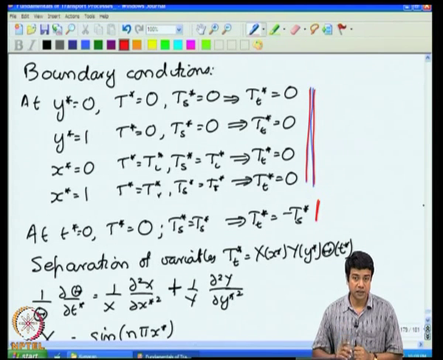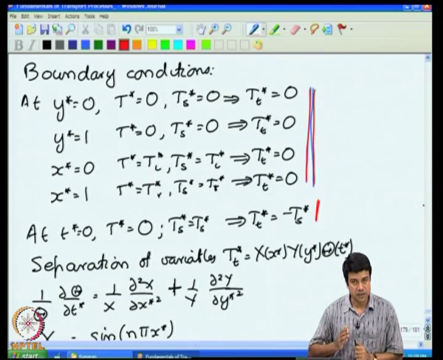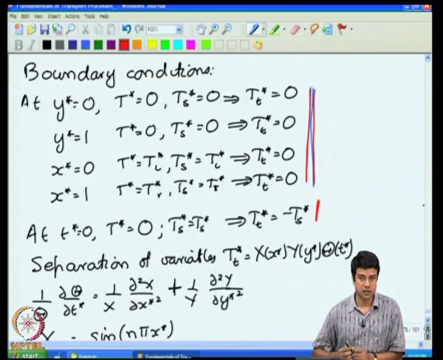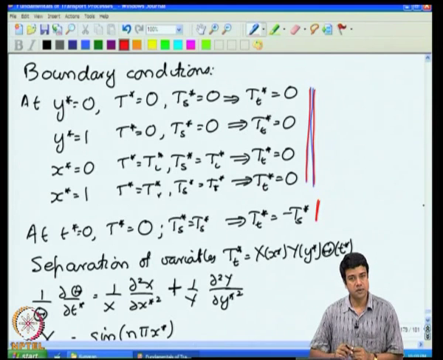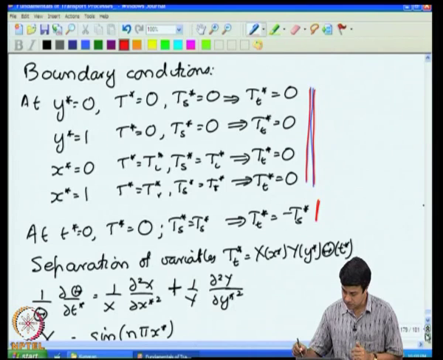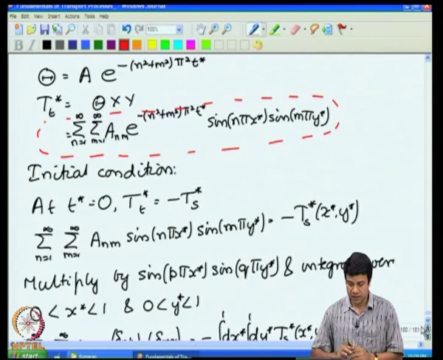The inhomogeneity is in the initial condition, because the steady problem has no time dependence, whereas the total temperature field is being forced at initial time. Therefore, you get a non-homogeneous initial condition, which is now used to determine all of the coefficients in the solution for the total temperature field.